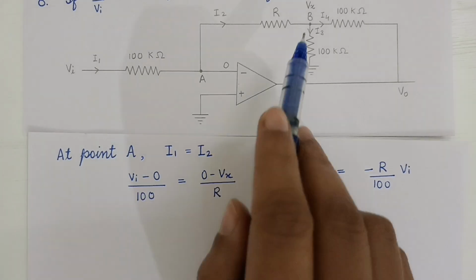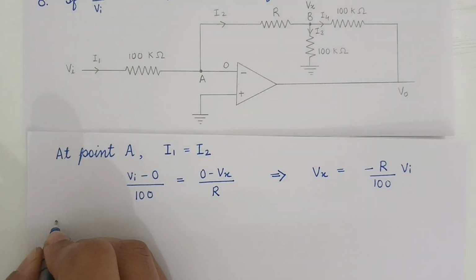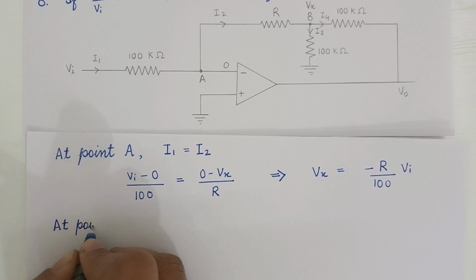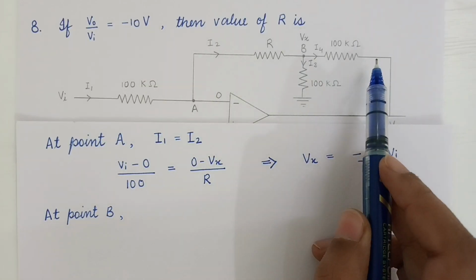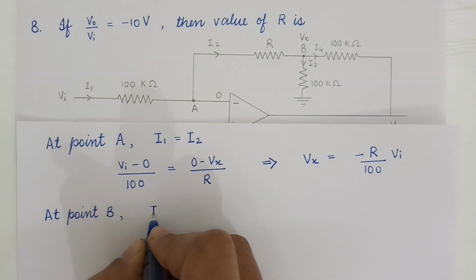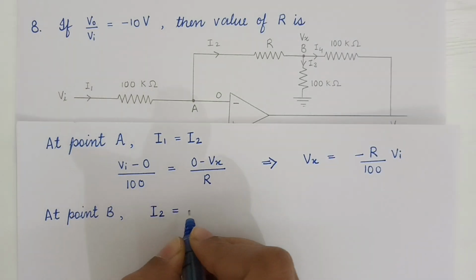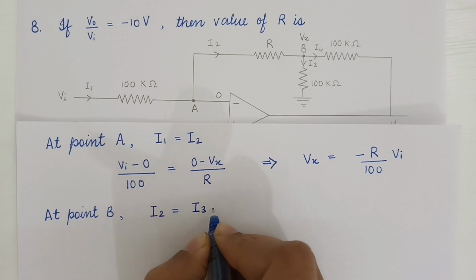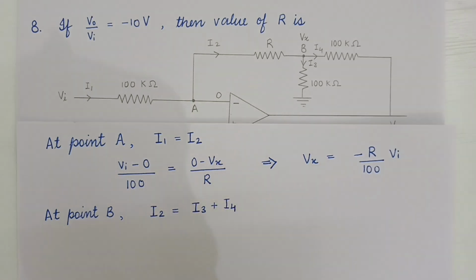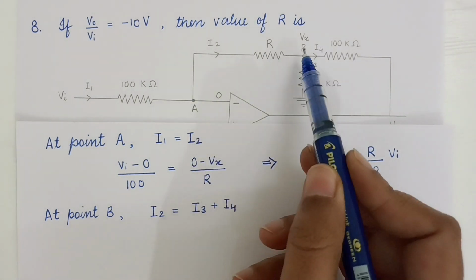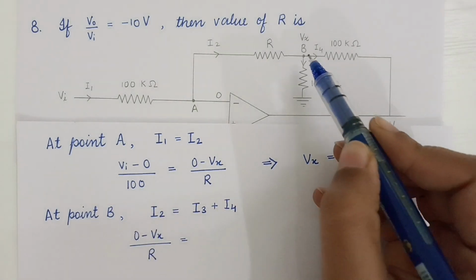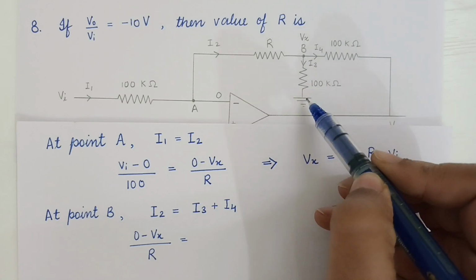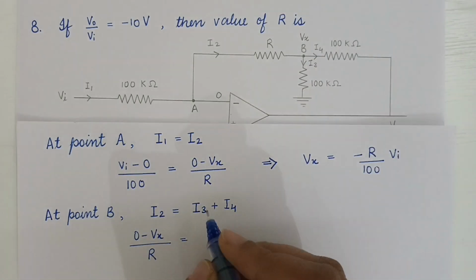Now let's solve it for point B. So at point B, I2 is equals to I3 plus I4. So for I2, 0 minus Vx divided by R is equals to, for I3, Vx minus 0, as it is grounded.